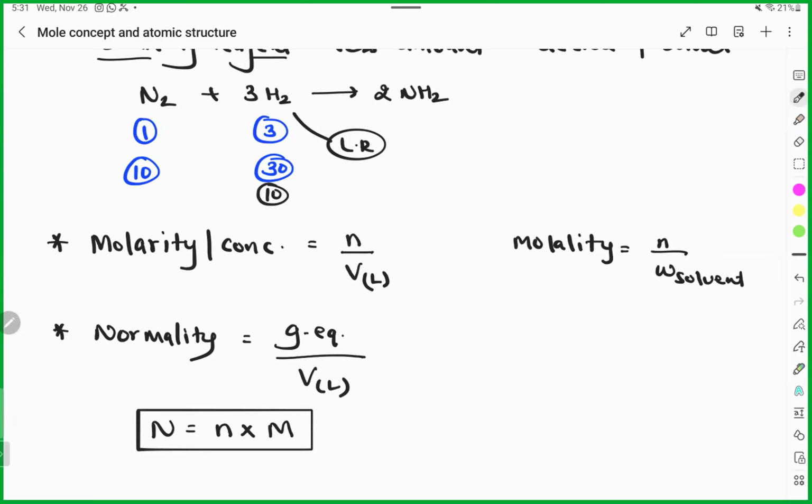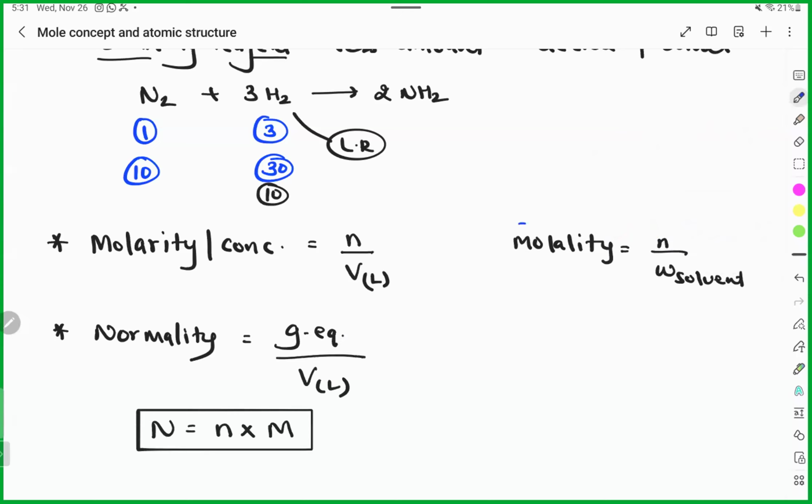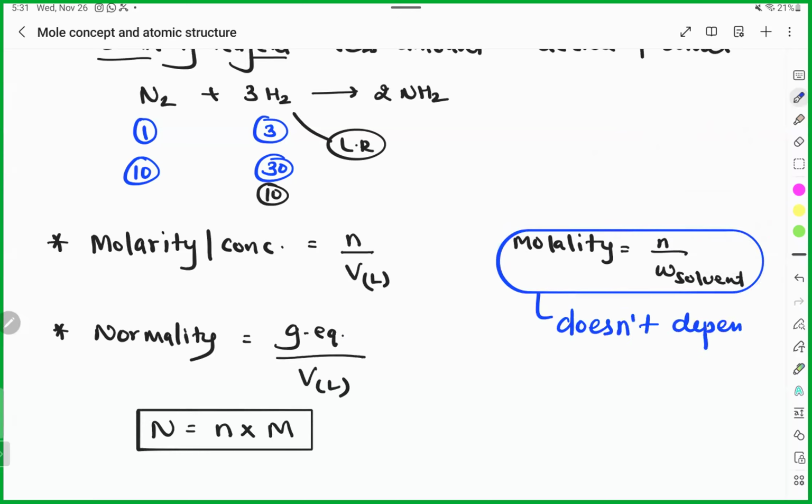Also, out of these three, only molality does not depend upon the temperature. Only this does not depend on temperature. Why? Because volume is not included.